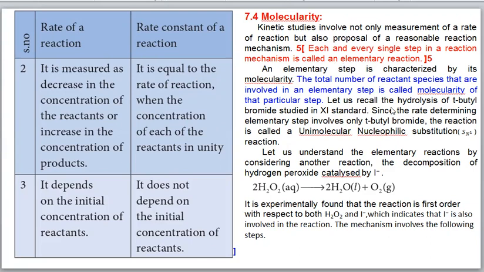Let us recall the hydrolysis of tertiary butyl bromide studied in 11th standard. Since the rate determining elementary step involves only tertiary butyl bromide, the reaction is called a unimolecular nucleophilic substitution reaction, SN1 reaction.